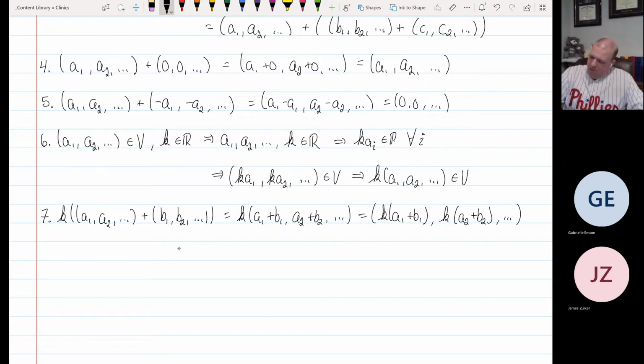Now, since we're dealing with all real numbers, we know that multiplication distributes across regular addition. That's what we get.